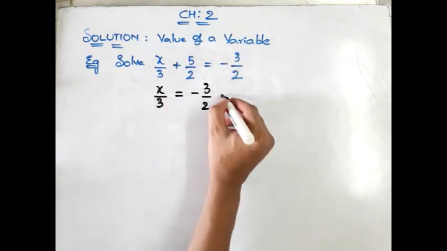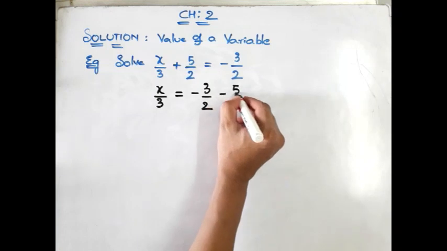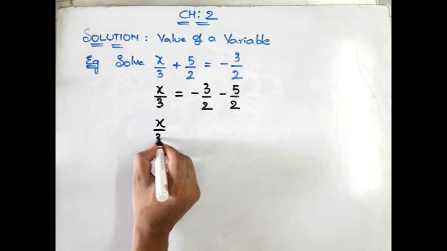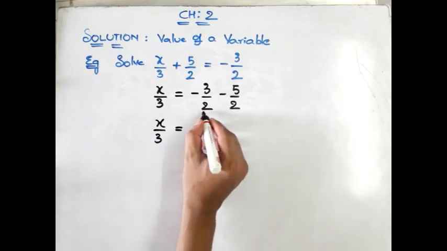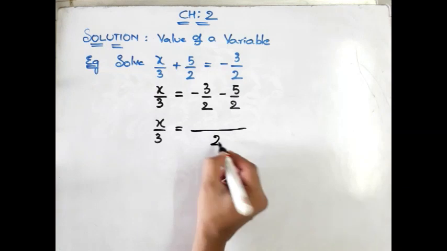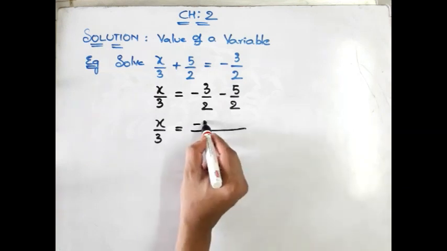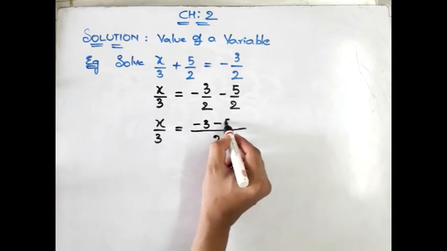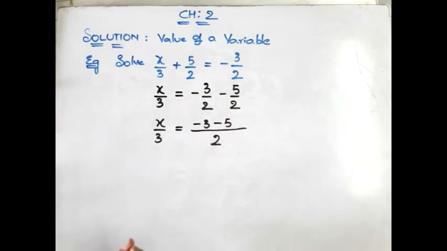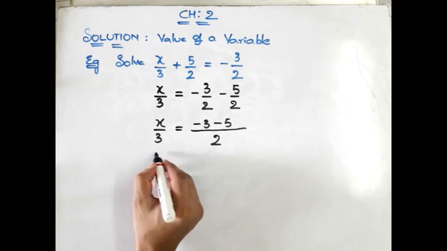If we transpose to the other side, it will become minus 5 by 2. So x by 3 is equal to, being the common denominator, you can directly take it as 2. So minus 3 minus 5. Please be careful with the signs. They only usually make you get the wrong answers.